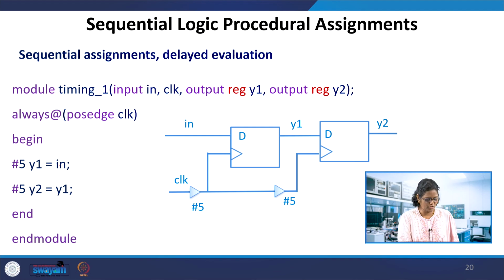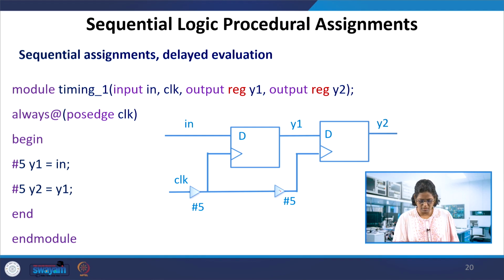It is because it is an immediate assignment. So at the passage of the clock, after 5, the input is sampled and assigned, or we can say the clock itself is delayed 5 time units, checking the input and assigning it.